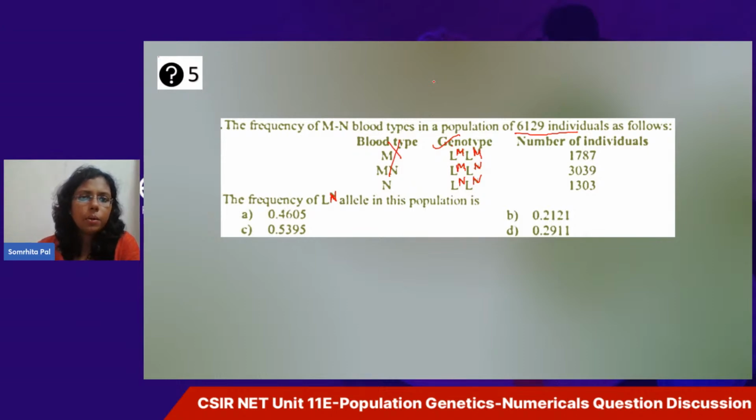If you use formula number 1, that is, the frequency of LN is equal to 2 into the number of individuals who are LN LN plus the number of individuals who are heterozygous, divided by 2 into the total, then it will be a long calculation. So instead go by that frequency method. It will reduce your time.